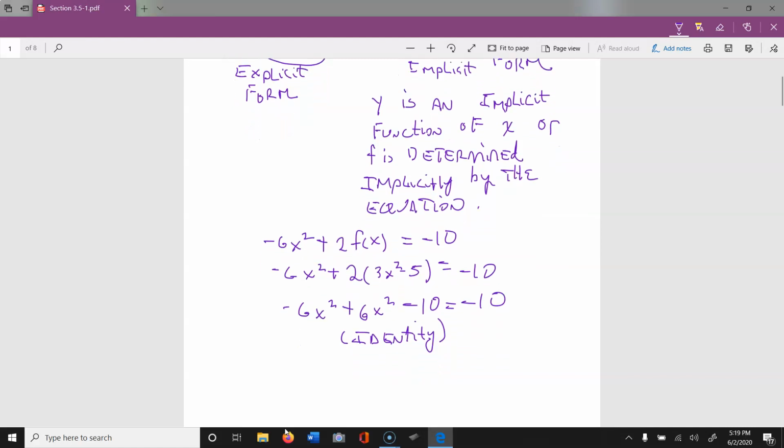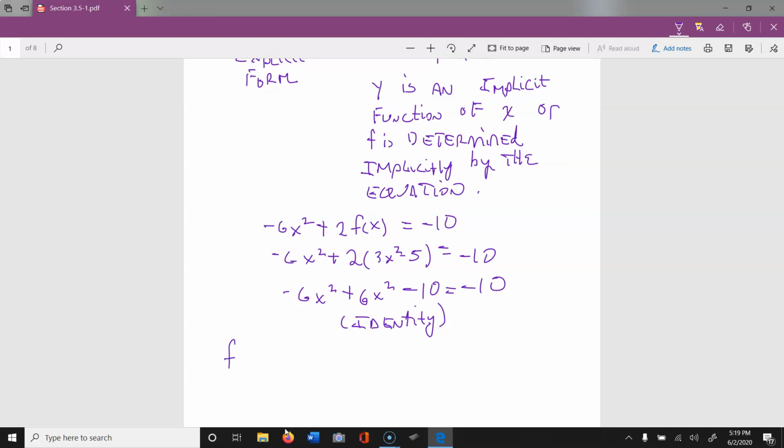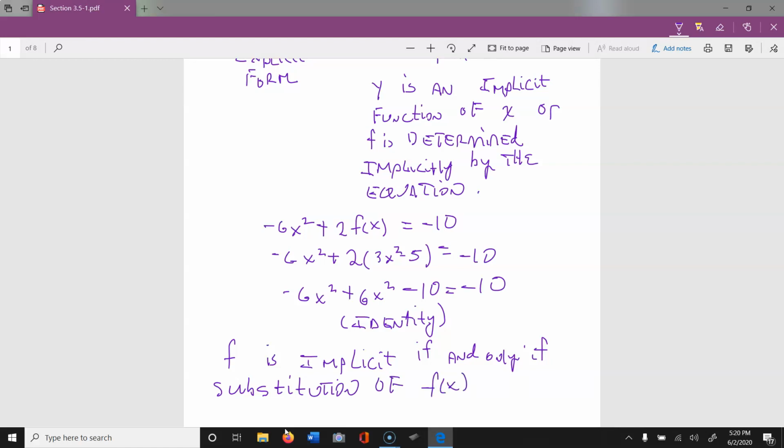All right, so let me say this. F is implicit if and only if substitution of f of x for y leads to an identity.